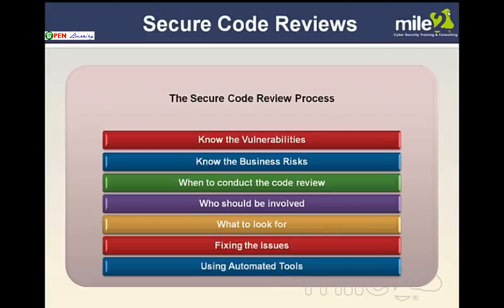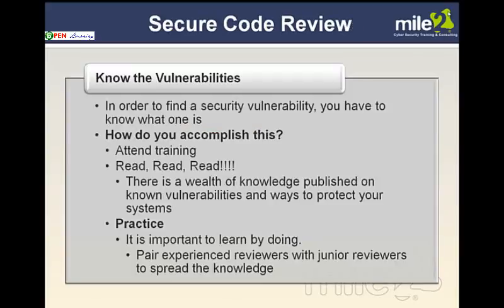We need to think about the vulnerabilities, the risk, when we're going to conduct this code review, who's going to be involved, what we are going to look for, how we are going to fix the issues, and maybe we could use automated tools. So we're trying to look for security vulnerabilities that we may have. And how do we do this? They say attend training, read, and learn as much as we can so we're aware of what some of these vulnerabilities may be.